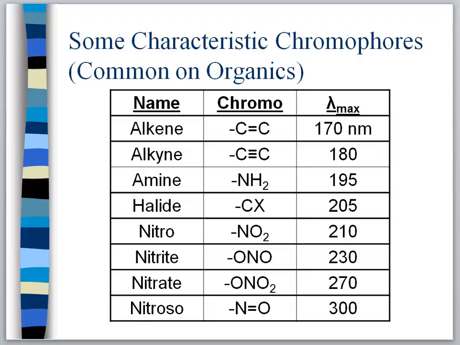Previously on UV Vis, we talked about this definition of a chromophore and how chromophores allow molecules to absorb ultraviolet radiation, aka UV light. So we said that if the molecules have one of these chromophores on them, that maybe, just maybe, will allow it to be suitable to be analyzed in a UV Vis spectrometer.